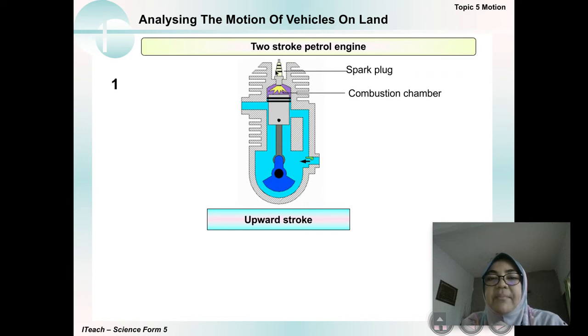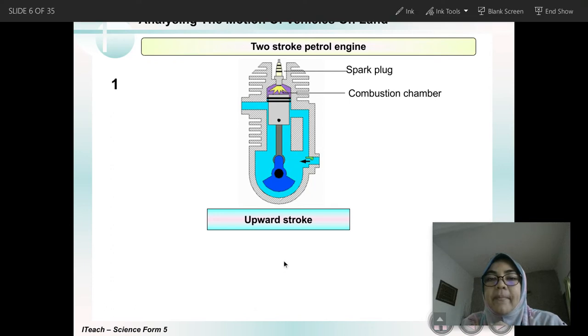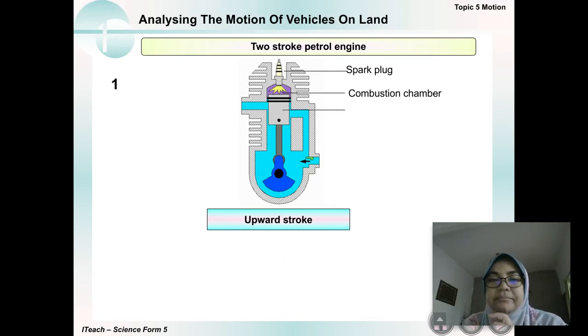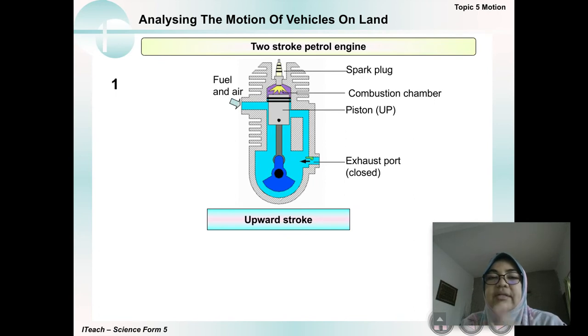Okay, di sini spark plug, dia ada combustion chamber. Okay, pada upward stroke untuk two-stroke petrol engine, piston went up. Okay, exhaust port close, fuel and air masuk.